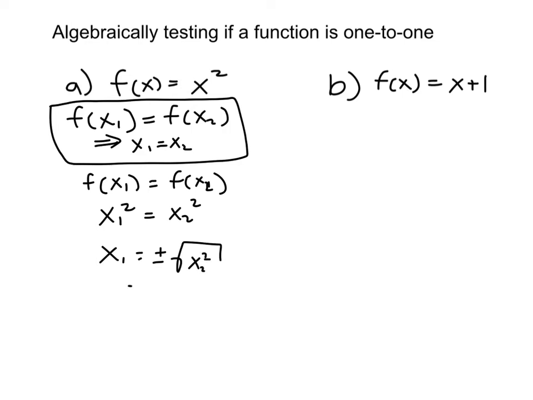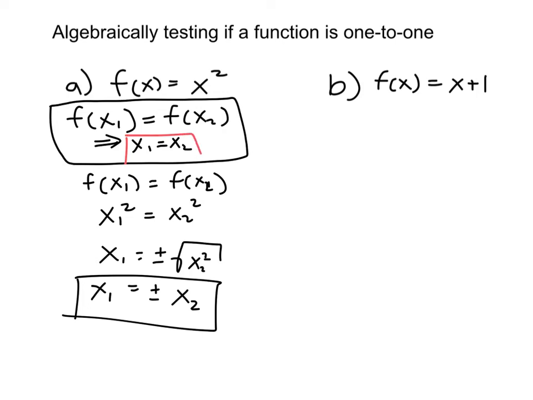Now, the square root of x2 squared is just x2. But this is not the same as x1 equals x2, because here we have x1 equals plus or minus x2, right? So this function is not one-to-one.